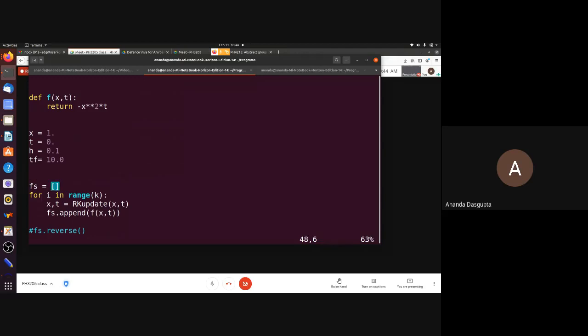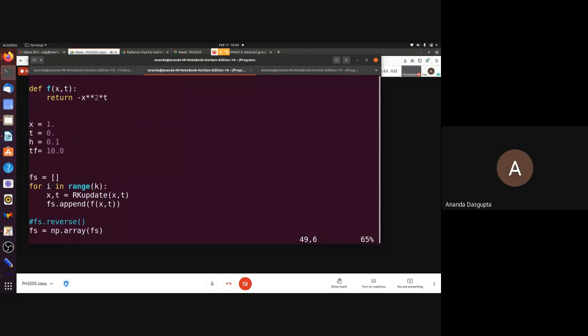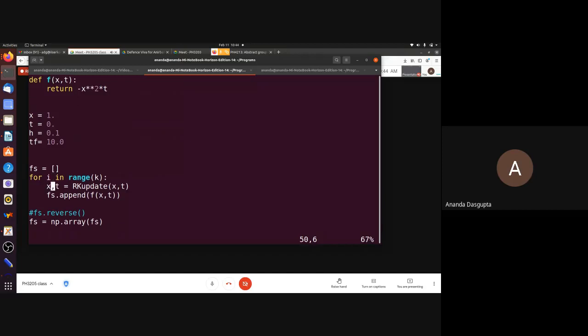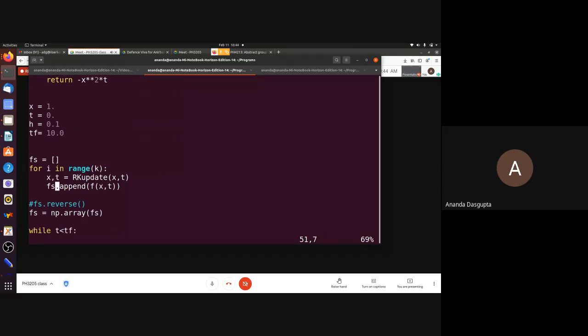We are starting with an empty list here, and I'm running a loop k times, updating x and t using the Runge-Kutta update function, and just appending the values of the derivative f of x comma t, which, since every time I calculate x and t I get f of xt, I store in a list. So what I've done is I've stored k of the first derivatives in a list fs. Is that okay?